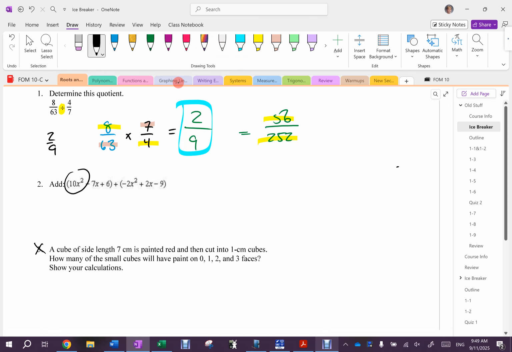Put all x squareds together. So you might have written a minus 2x squared there, a plus 2x there, and a minus 9 there. And then 10 minus 2 is 8x squared. Negative 7 plus 2 is negative 5x. And 6 minus 9 is negative 3.